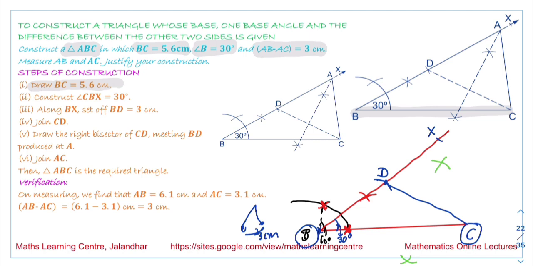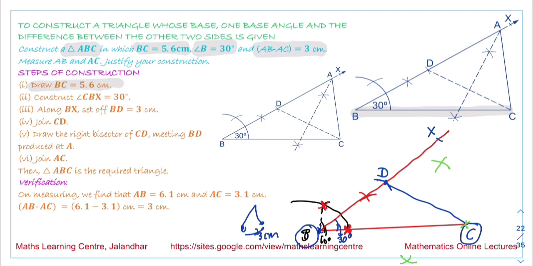After this, we have to draw the perpendicular bisector of this line CD. So to draw the perpendicular bisector of CD, we will keep the compass at point C and we will mark two arcs over here. We will keep the compass at point D and we will mark two arcs over here, and we will get the perpendicular bisector of this line CD.